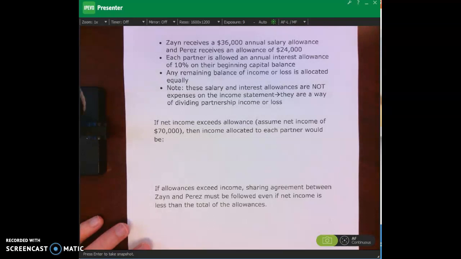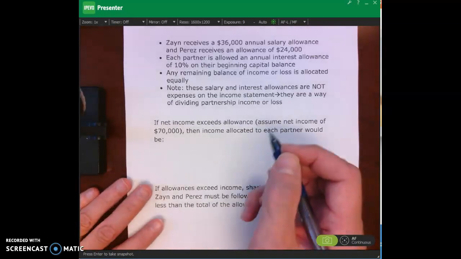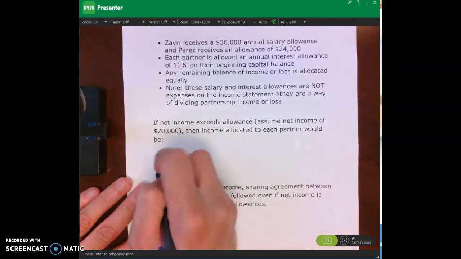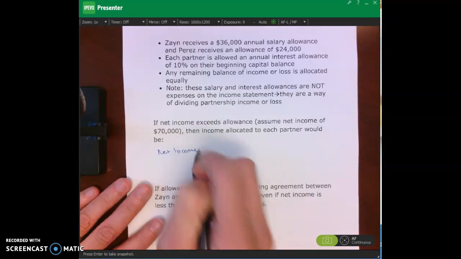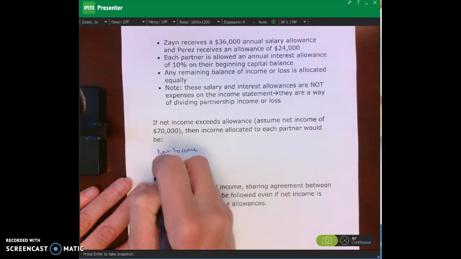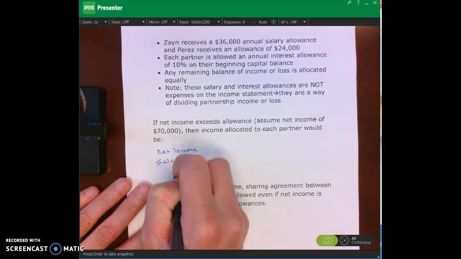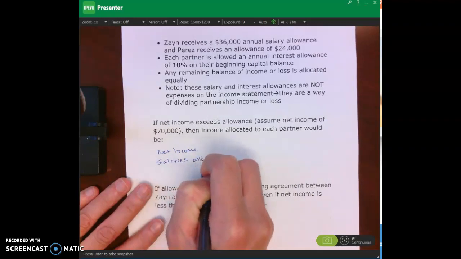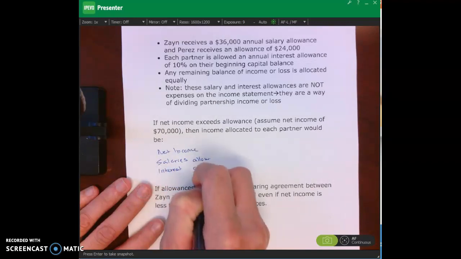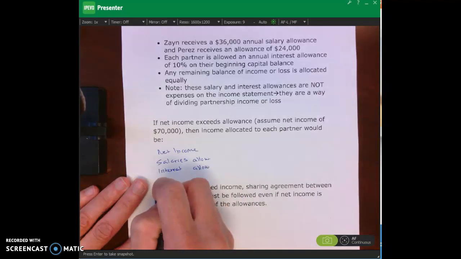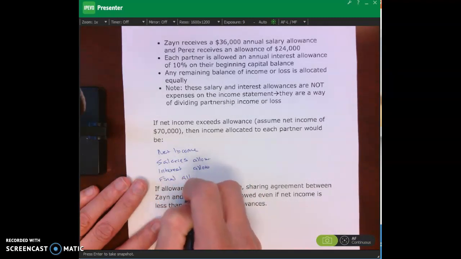So when we're dividing this out, let's do a table. You know I love tables. I'm going to write over here net income, then salaries allowance, and then interest allowance, and then my final allocation.